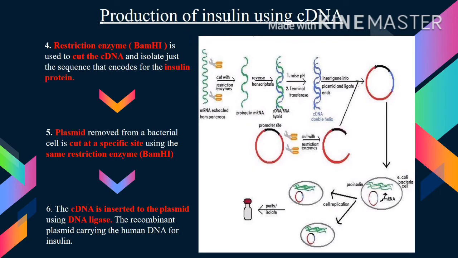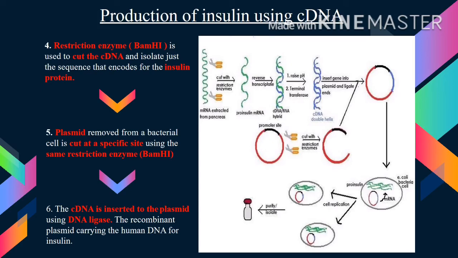We continue the step by cutting the cDNA and isolating just the sequence that encodes for the insulin protein using the restriction enzyme BamHI. Then, a plasmid removed from a bacterial cell is cut at a specific site using the same restriction enzyme BamHI. As I mentioned earlier, the enzyme used to cut the insulin gene, the desired gene, is also the same restriction enzyme that will cut the plasmid.